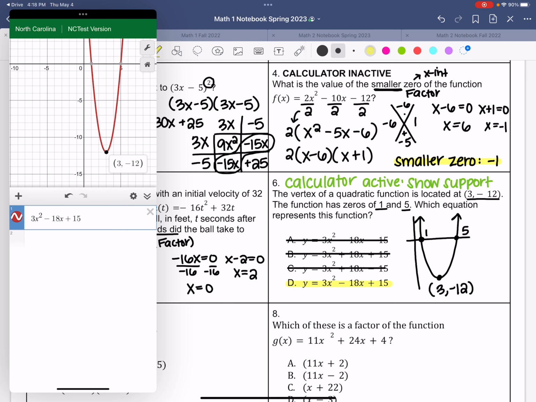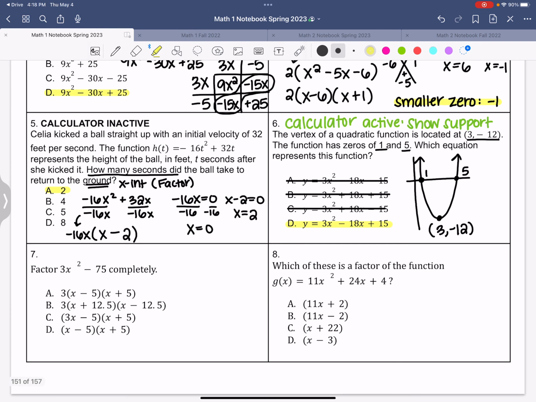Okay, number 7. Just factoring, nothing special about this one. You can check it, I suppose, in the calculator, or use that to your advantage if needed. Now here, I do see a GCF. Both of these are divisible by 3. So if I divide that, that would be just x squared and 25.